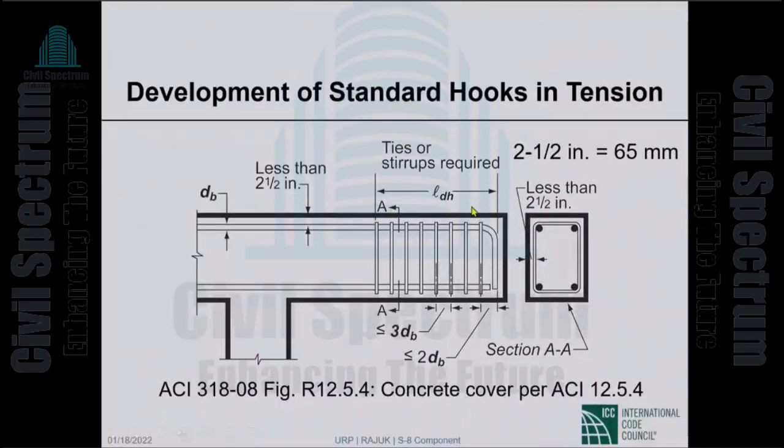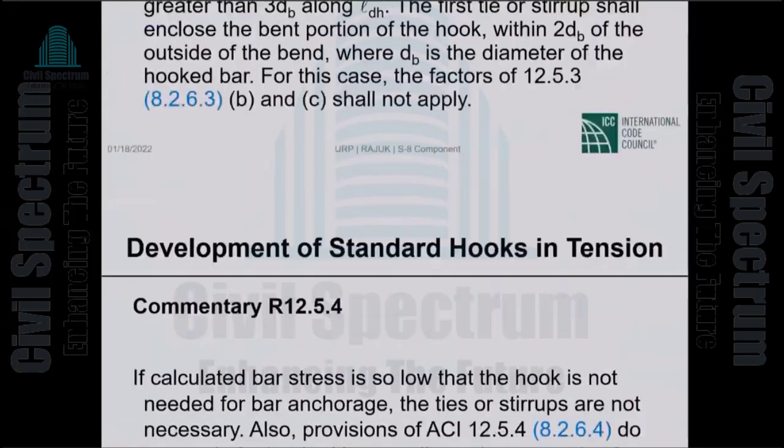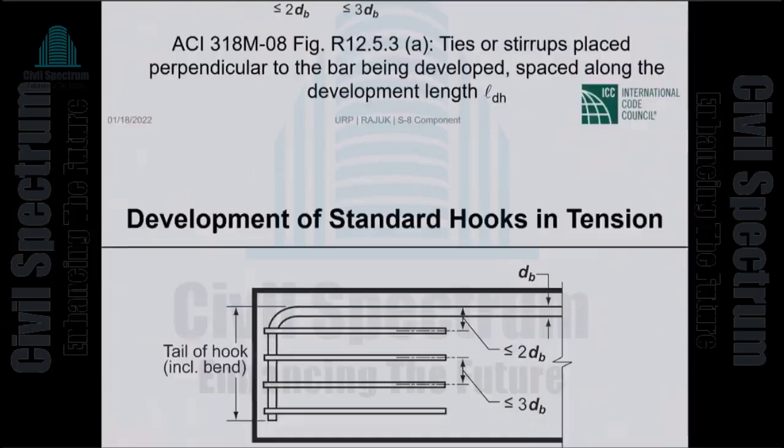So if you have, let us say, a 90-degree hook and the bar diameter is no more than 36 millimeters, and the side cover, which would be this cover here, no more than 2.5 inches, and this cover from the end of the hook to the concrete surface no more than 2 inches. If that is the case, then you get a reduction factor of 0.7.